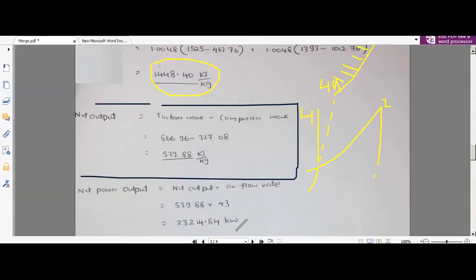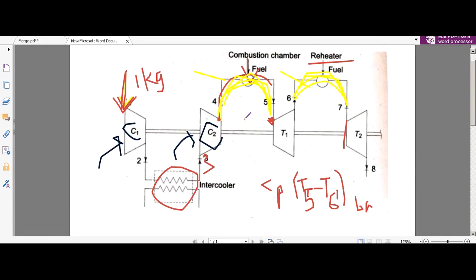Now again if you consider this circuit, most of the time the first turbine we consider as the high pressure turbine, and the second one as the low pressure turbine, but most of the time the compressors are powered by the high pressure turbine. That means the first one, this one, right?